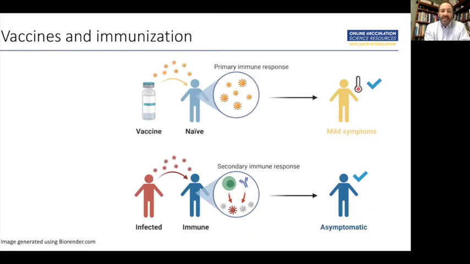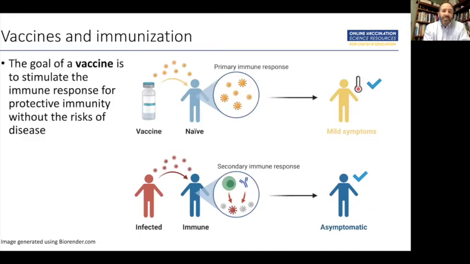So the idea behind a vaccine is to stimulate the immune response for protective immunity without the risk of contracting disease. So in vaccination, an inactive form of the pathogen is given to someone who is immunologically naive and has not encountered it yet.